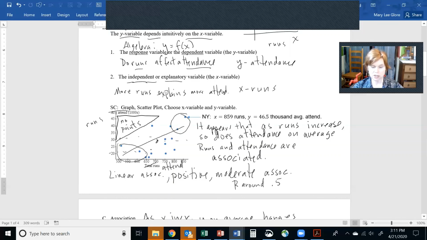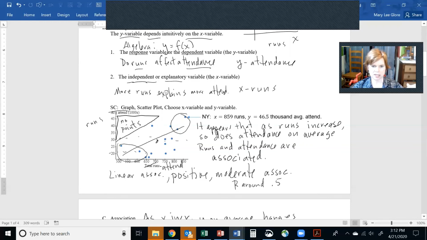What the relationship tells you is that there is a relationship. When I see the graph, there is a relationship between runs and attendance. Is it causal or not? I don't know. I won't be able to tell from this relationship. In fact, there's no way to set up an experiment to have a team score this many runs to see how much attendance they have. It's impossible. Now, what's a possible lurking variable?